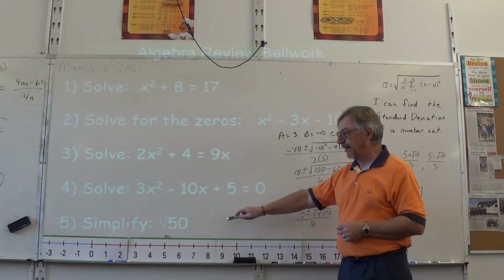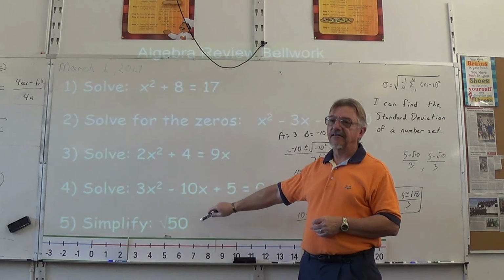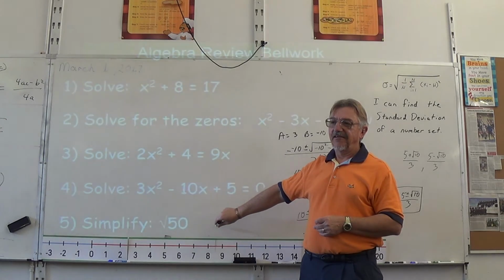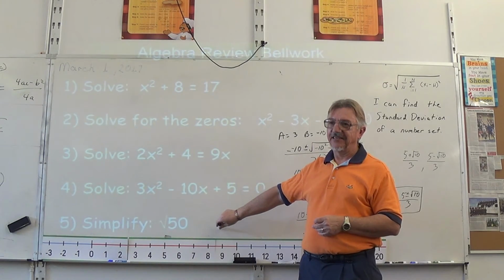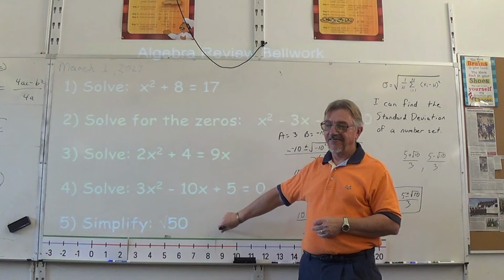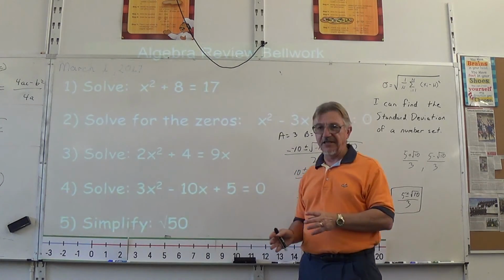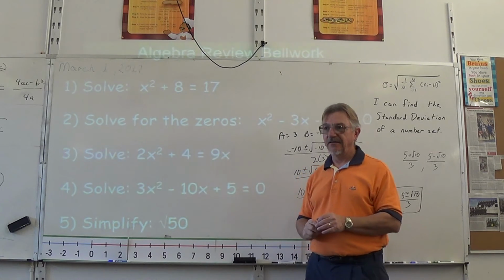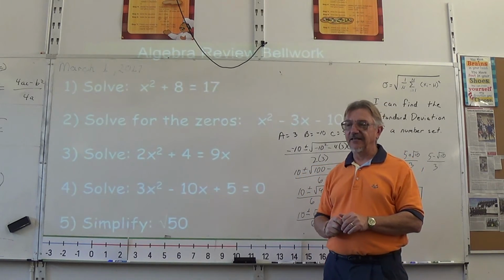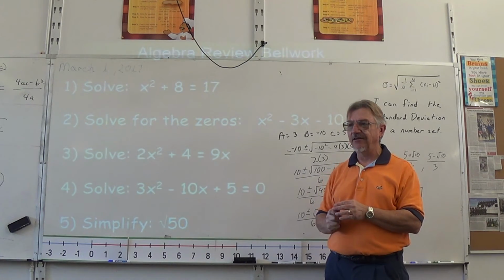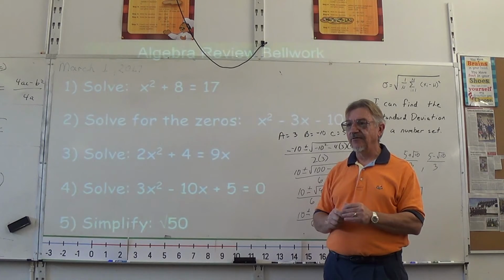And number 5, simplify. That means you're going to still have a radical in your answer. You're not going to put it in your calculator and say, what's the square root of 50? Okay, because if you put it in your calculator, I think it's 7.07. It's 5 square root of 2.